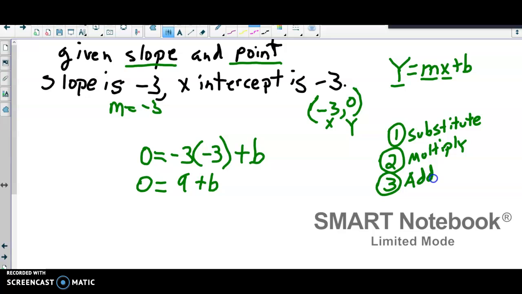Remember, my goal is to get the b alone. So I'm going to subtract the 9 from both sides. My goal is to isolate the b. So I need to get rid of that 9, and I do. 0 minus 9 is -9 equals b. I just found b.